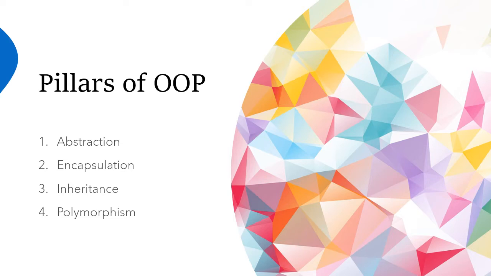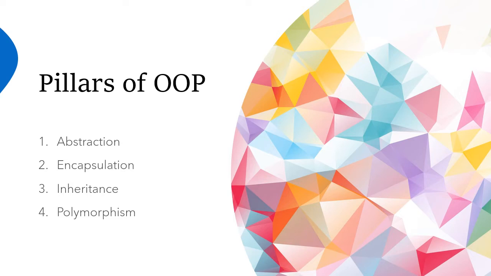So if any programming language supports the feature of class, then it is known as object-oriented programming. For example, C++, Java, C Sharp, Python, etc. So these are programming languages which are supporting the concept of class, and due to supporting the concept of class, it is supporting these four features which are provided by object-oriented programming.